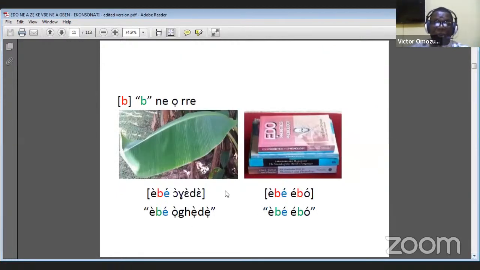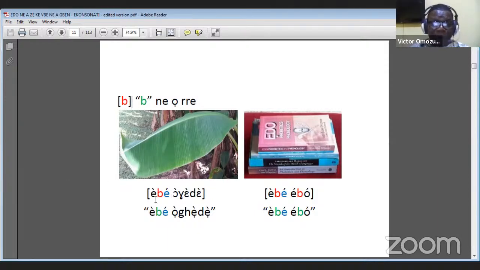So for the B sound, which is written in red there in square brackets, that means that is the way it is actually pronounced. Then in quotes, you have in green the letter used in writing that same sound.